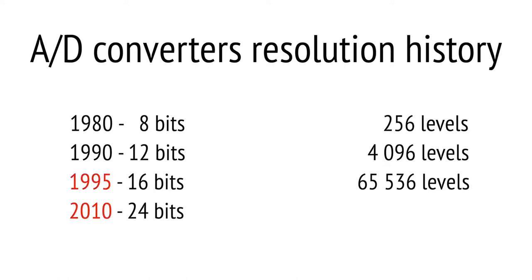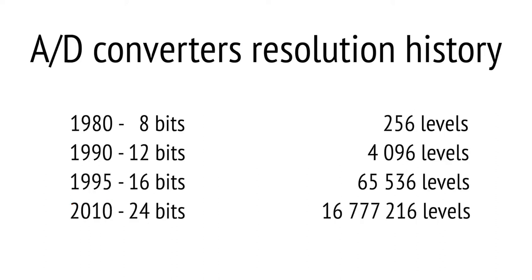You can see the long time interval between 16 and 24-bit converters. It is because 24-bit converters use totally different sigma-delta technology. 24-bit converters were a huge step forward. They work with more than 60 million levels.